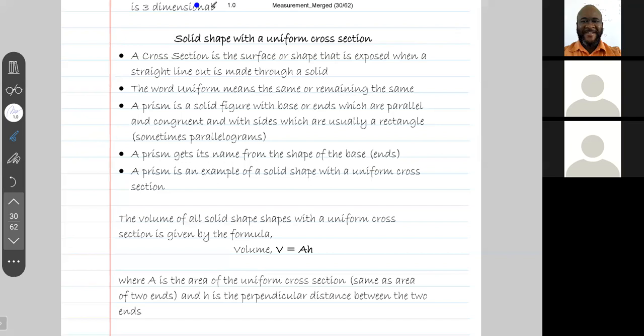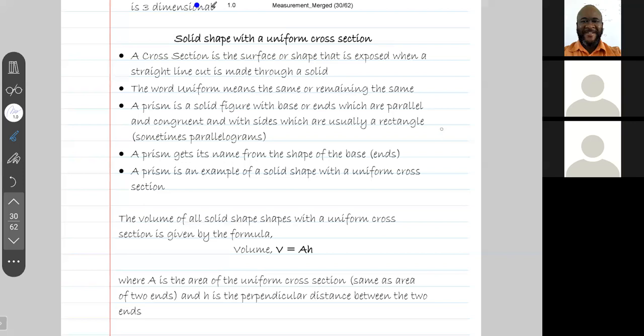A word you're going to come across also is the word prism. Now, a prism is a solid figure with a base or ends which are parallel and congruent, and the sides are usually made up of rectangles.